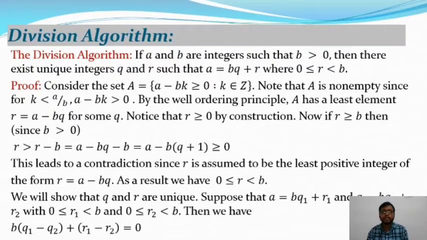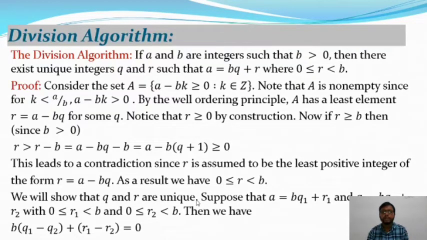This leads to a contradiction since r is assumed to be the least non-negative integer of the form a minus bq. As a result we have 0 less than or equal to r and r less than b.